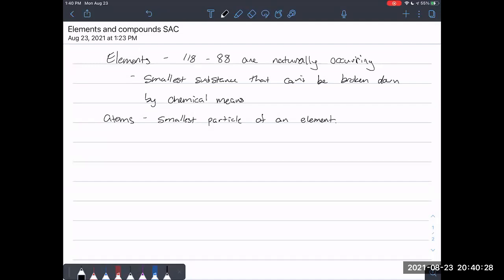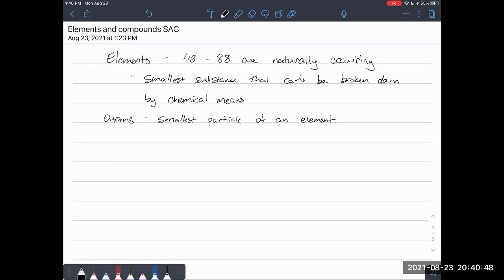I'm dealing with a different form of carbon called carbon-14, and that form is radioactive. So the subatomic particles are what make that atom what it is.